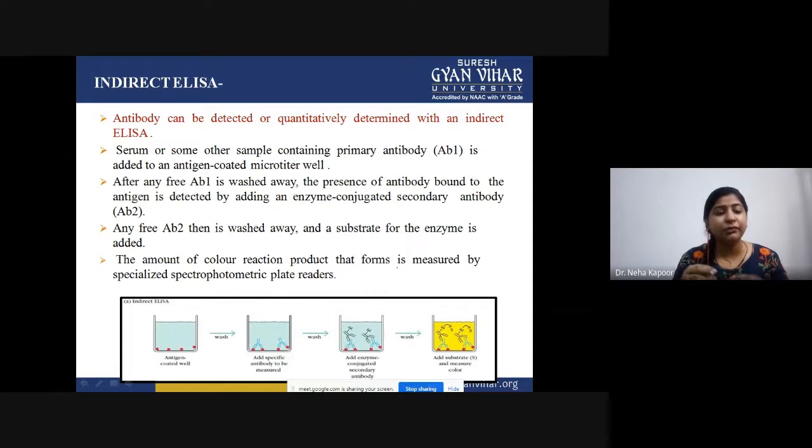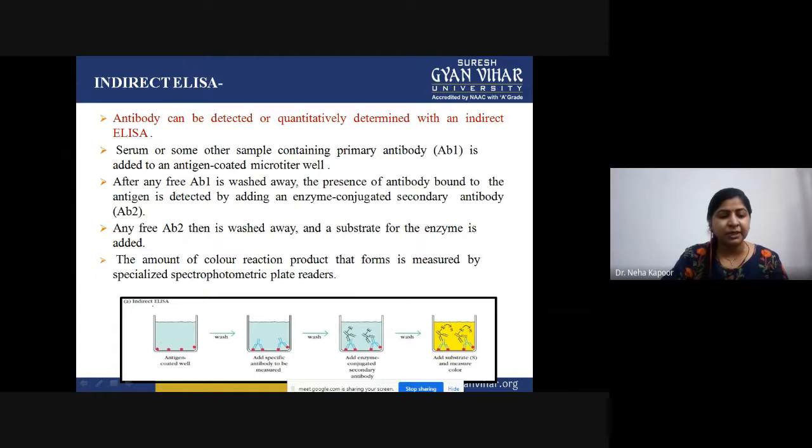In this case, serum or any sample that is suspected to have a particular type of antibody is added to the antigen coated microtiter well. Because whenever you are performing an ELISA technique, you need a microtiter plate. In each well of that microtiter plate, first of all, you have to coat it with an antigen.